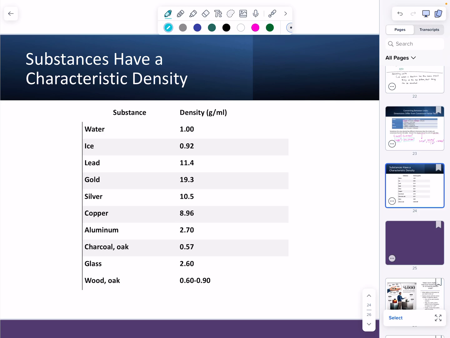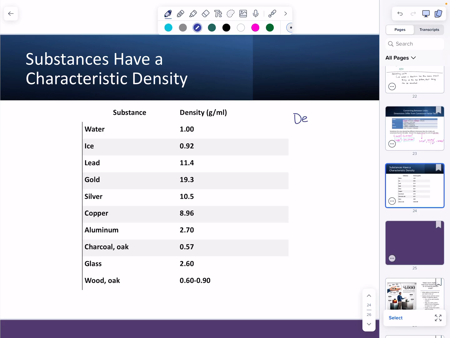Materials that are less dense have less matter per unit of space. As you're feeling those cubes, they all are the same amount of space, and the ones that feel heavier are heavier because they've got more matter packed into that little amount of space.